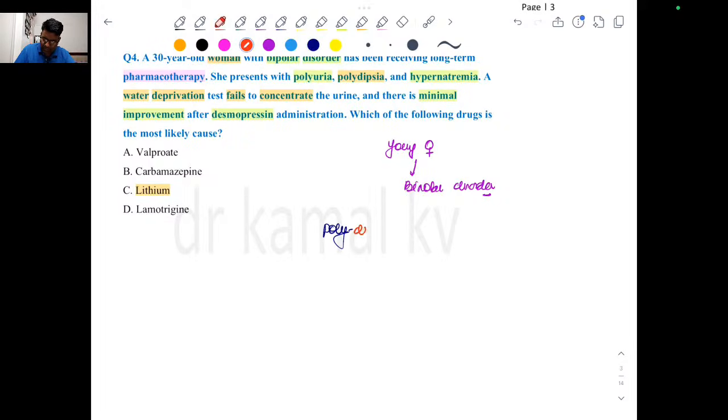Polydipsia, she is drinking too much water. Then polyuria, excreting too much urine, and hypernatremia. And then more importantly, on water deprivation there is no concentration of urine.